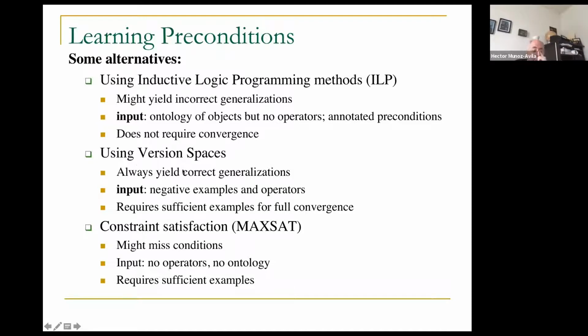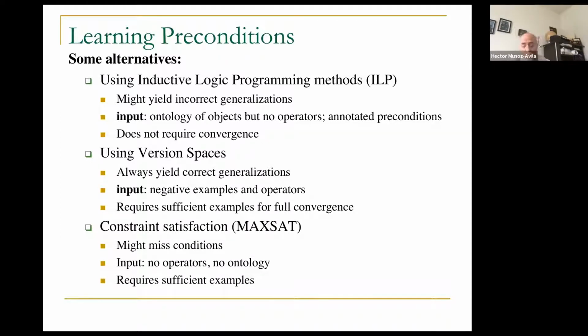There has been work trying to use version spaces. That's a learning method, and it has a beautiful property that you will always learn correct generalizations. But it requires not only positive examples but negative examples. So you will say something like, in this situation, I should not apply this method to decompose this task. So I have to give negative examples.